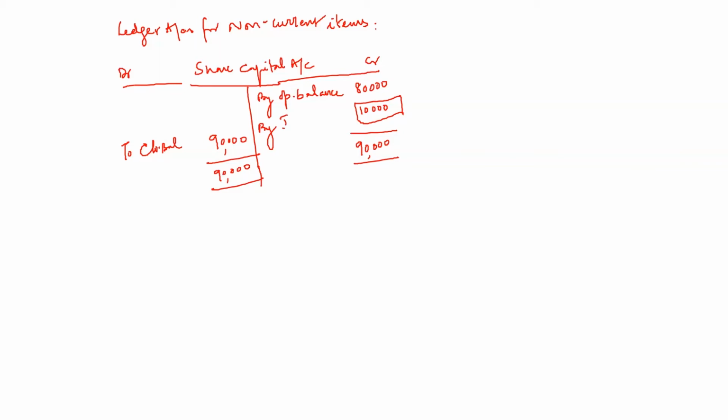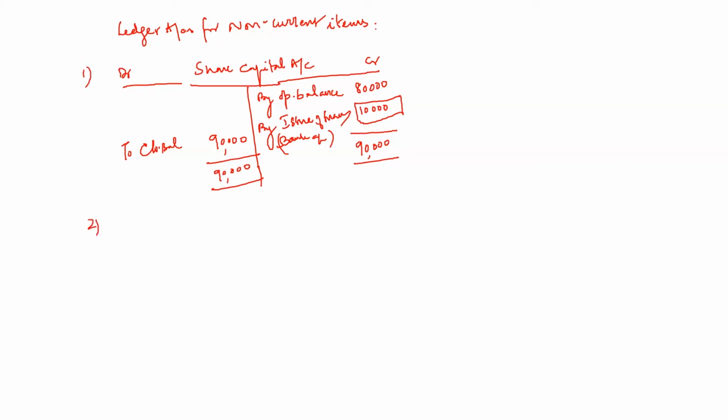So by issue of shares, share capital account, bank account. This will be added to the bank account. Your bank balance will increase by this amount. This should be taken as part of sources. This will increase your sources of funds to the firm. So this is ledger number 1.